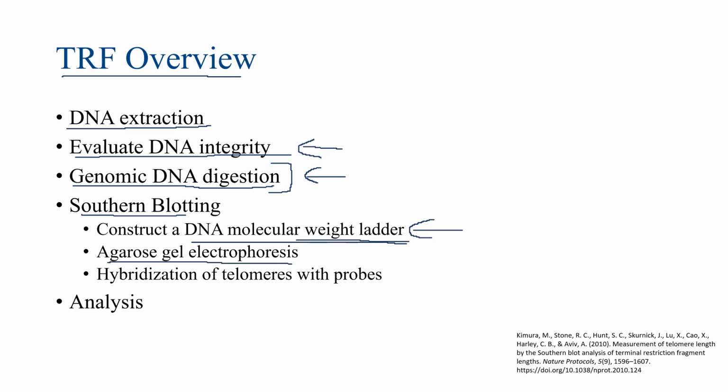You'll perform agarose gel electrophoresis as you do with typical southern blotting. And when it comes to the hybridization step and the detection of your southern blot samples, you'll hybridize the telomeres with probes that are complementary to the telomeric repeats. And lastly, you will perform some mathematical analysis to figure out the average telomeric lengths in your sample.